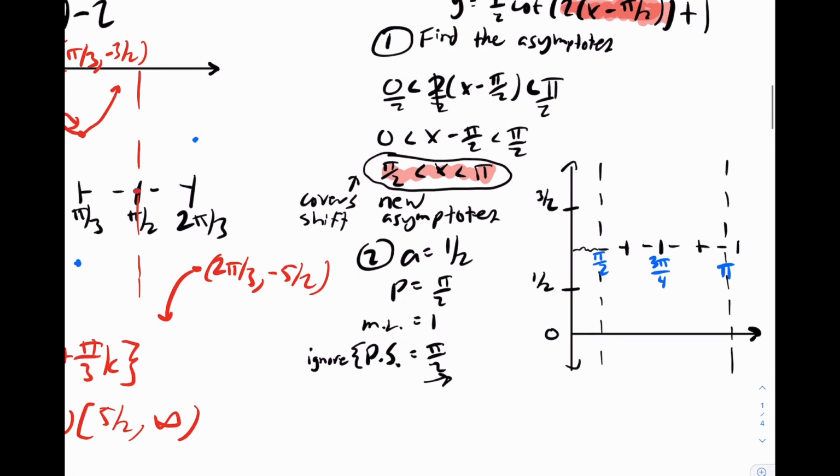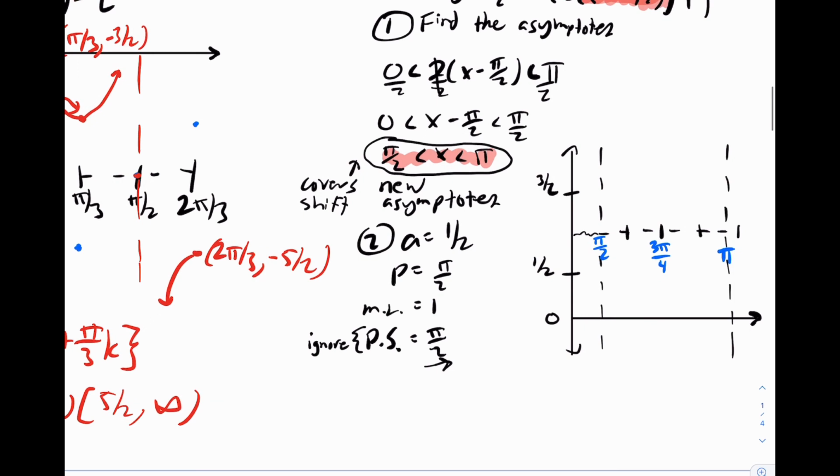If you're wondering how I did that, all I did was add pi over 2 and pi, and divide it by 2. So I'm basically finding the average. So if you simplify this, that would be 3 pi over 2 over 2, which is 3 pi over 4. So let's do that 2 more times to get the middle of the next one. So this is 7 pi over 8, and this one is 5 pi over 8.